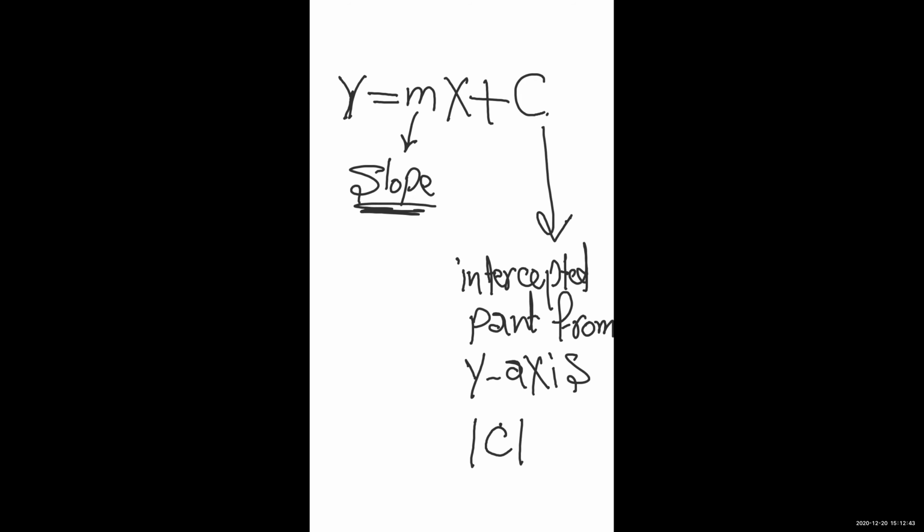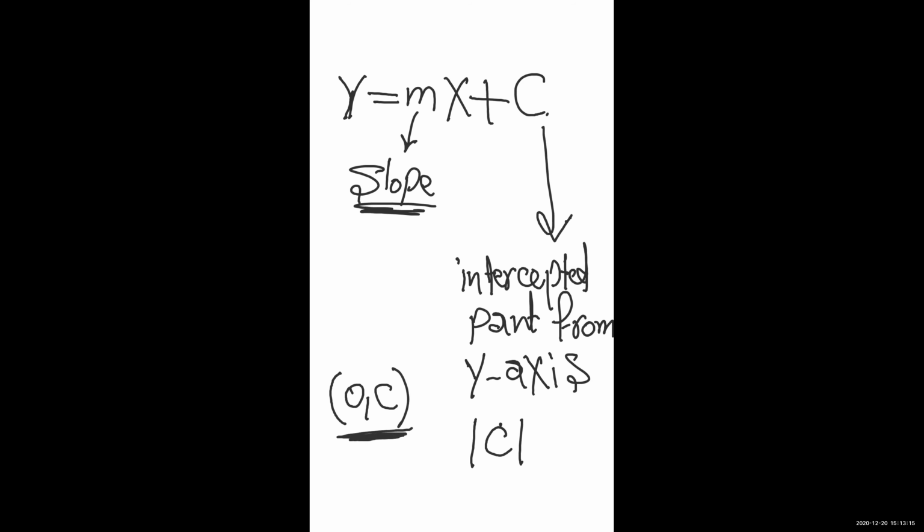Also, this straight line passes through a point. The intercepted part of the y-axis is related to the intersection with the y-axis, so the coordinates of this point will be 0 and c, because there is no coordinate on x. So the intersection point with the y-axis is (0, c).